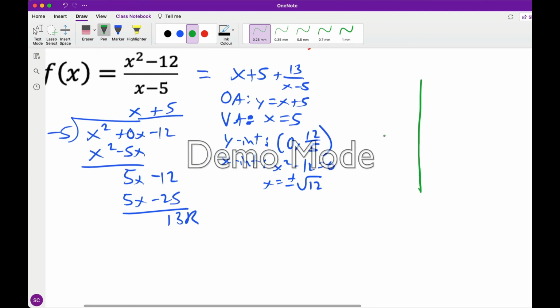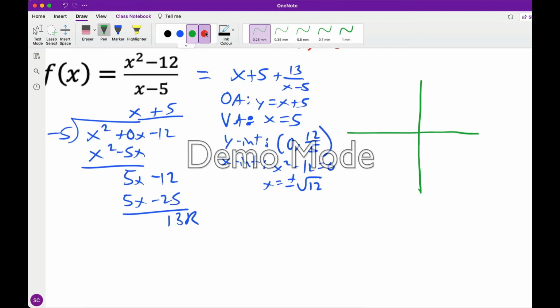So let's do that over here. So we got x equals 5. We've got y equals x plus 5. Okay, I should have probably planned ahead a bit better to make some more room up here.